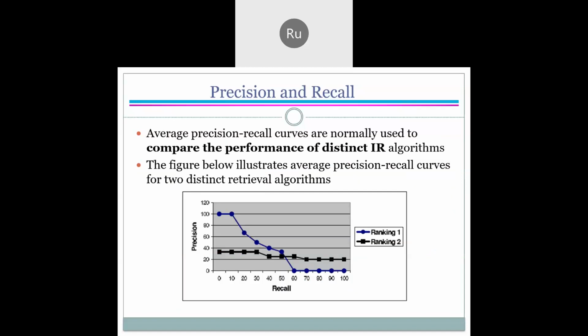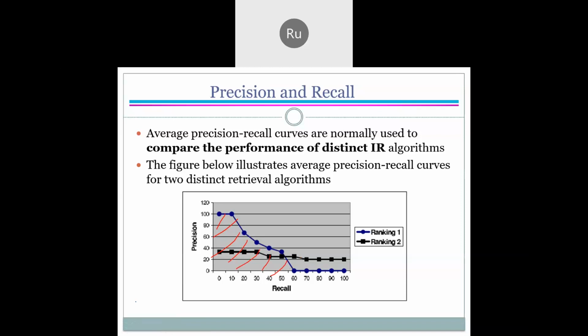Okay, so by having this comparison, we will be able to describe the ranking for two information retrieval systems. So when we have this graph, we want to compute the area under the curve for the blue one, not including that, versus the black one.